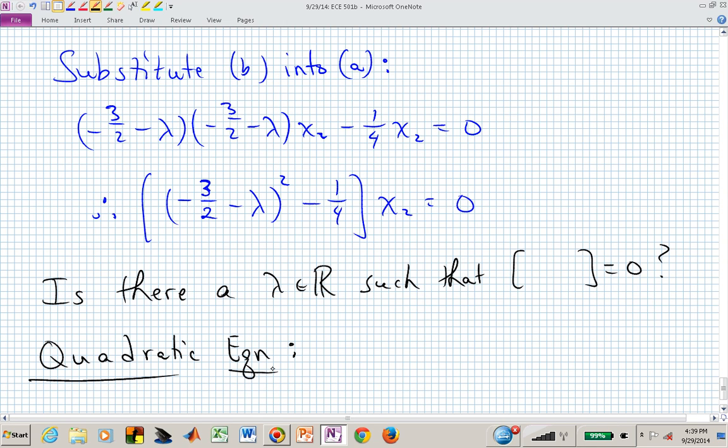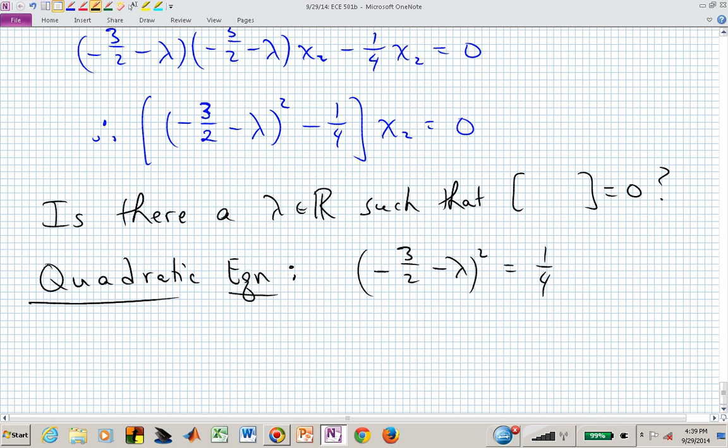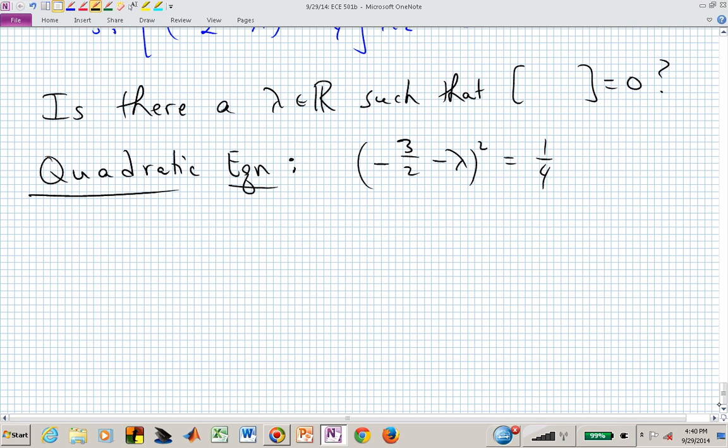We could use the quadratic formula to find that, or why don't we just set that bracketed term to 0, which really says that we need minus 3 halves minus lambda squared to equal 1/4, adding 1/4 to both sides after setting that equal to 0. We now want to find, are there values of lambda such that when we square the left-hand side we get 1/4? Or does the left-hand side equal 1/2? Or minus 1/2, really?